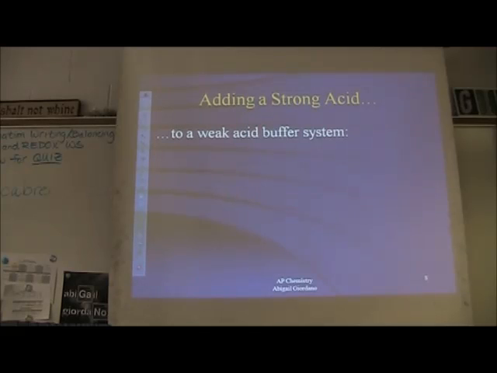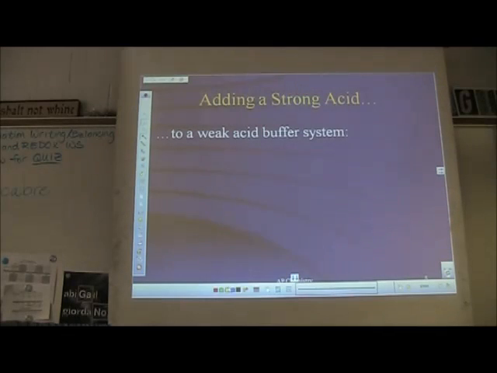Just like on the previous slide, we're going to start off with a buffer system, and then we're going to test this buffer system. We're going to pour strong acid into it. Please give me a weak acid of your choice. HF, how did I know you'd go with that one?